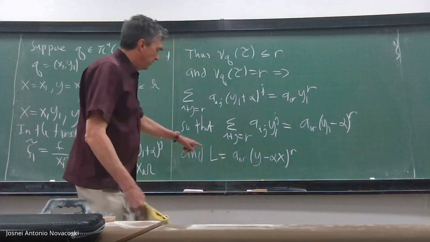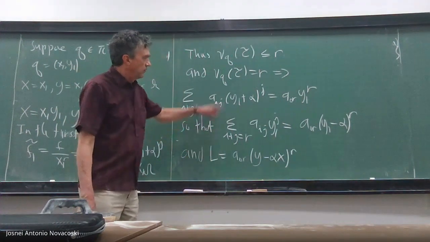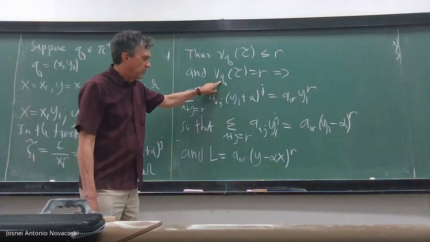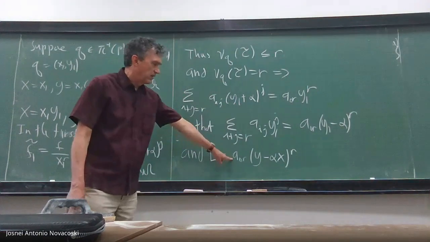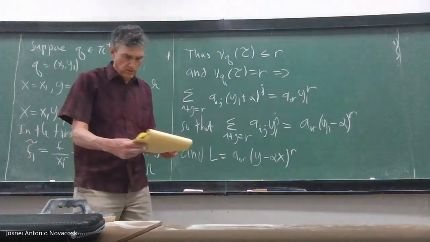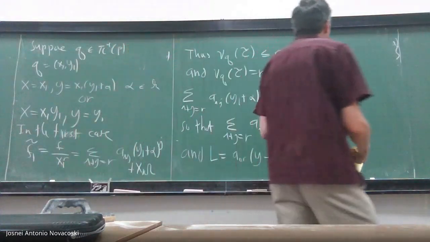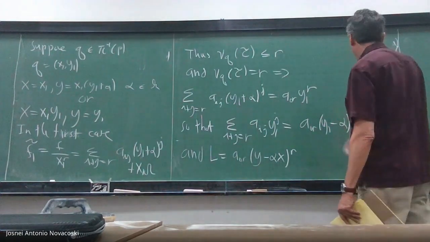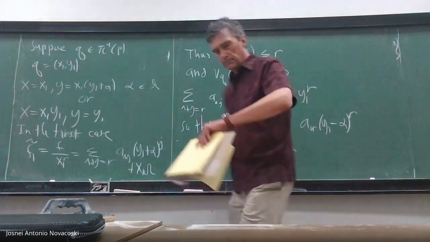Okay, so the leading form, the multiplicity will never go up, and if it doesn't drop, then it has this very special form.